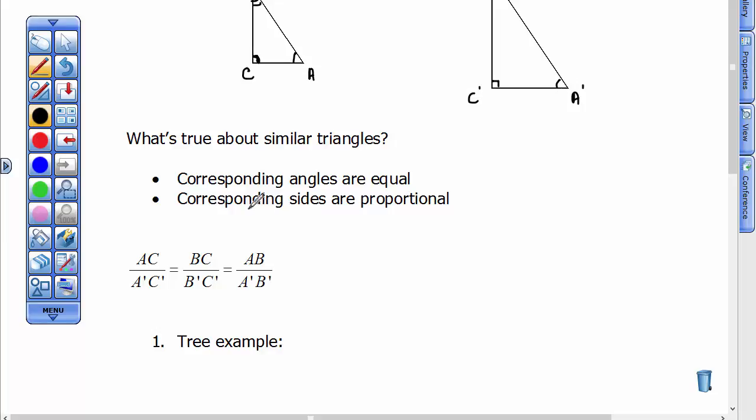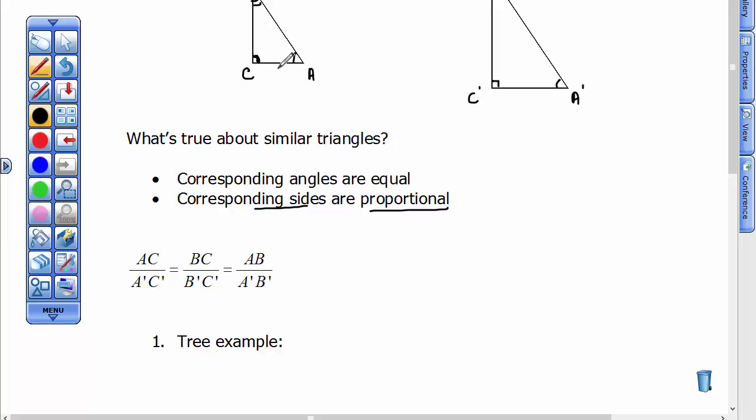And those corresponding sides in that ratio are proportional, or can be set equal to one another, and therefore a proportion. So BC, a different leg, because I decided to call these right triangles, would correspond with B prime C prime, and then the hypotenuse. I can write these ratios in a variety of ways.